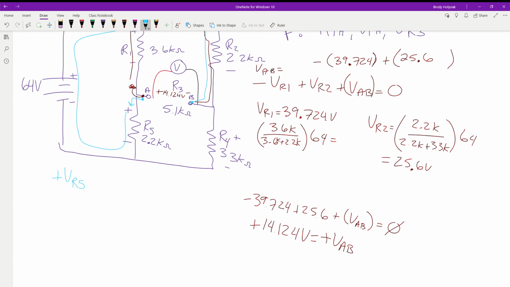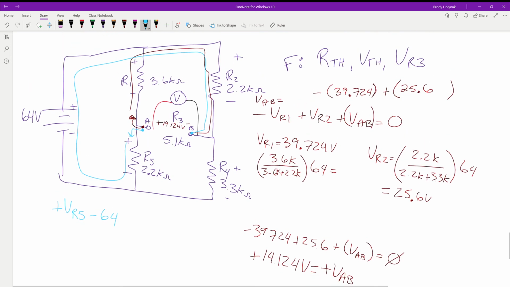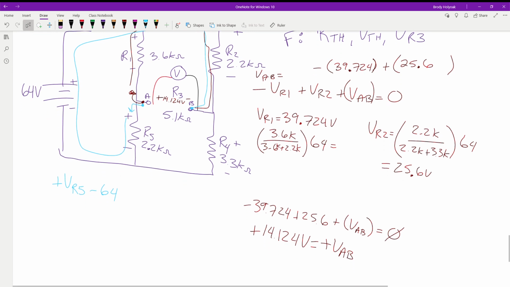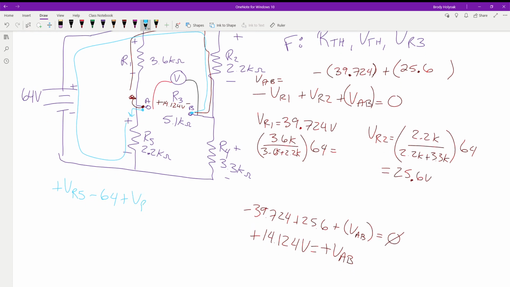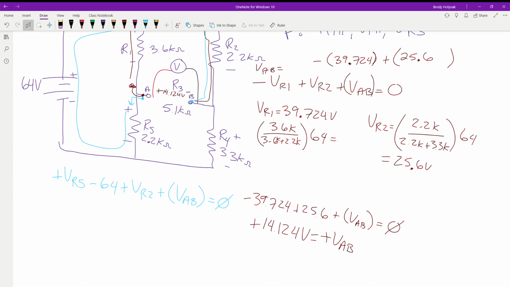What do we run into next? Negative 64. What do we run into next? Positive R2. And then plus some value for VAB has to equal 0. So what's the value for R5?